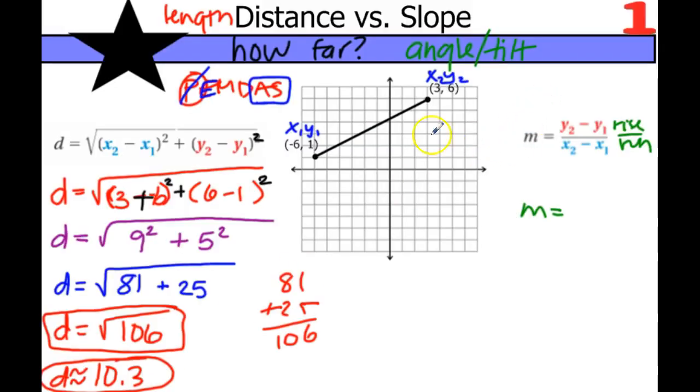So I'm going to just count rise over run because we have a graph here. It seems easier than plugging it in and making more mistakes with negatives and positives. So I'm going to rise 1, 2, 3, 4, 5, and run 1, 2, 3, 4, 5, 6, 7, 8, 9. So the slope of that is positive 5/9. So notice we got different answers here.